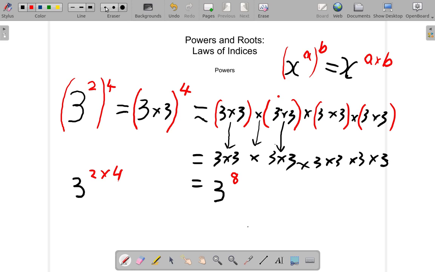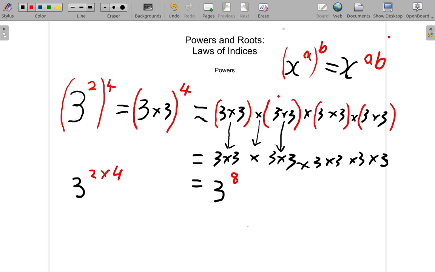I didn't really have to write the multiplication sign. When you have two letters multiplied, you could just write them like that and say it is x to the ab. Right? So number to a power raised to another power, it is the number to the, you multiply the powers. You see that?